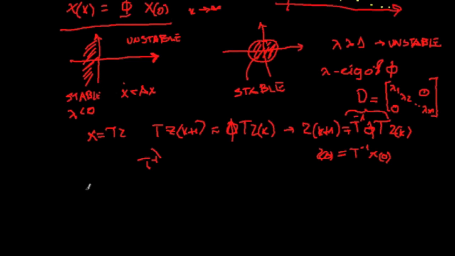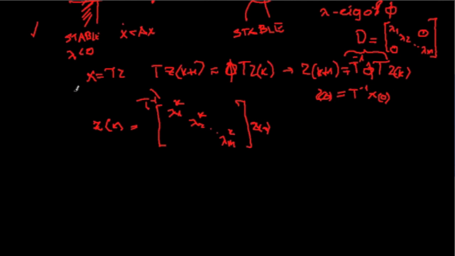If we have that, we can directly find out that z(k) is going to be lambda 1 to the power k, lambda 2 to the power k, and lambda m to the power k, times z0. So if we have that, we have directly resolved the issue of stability via the eigenvalues.